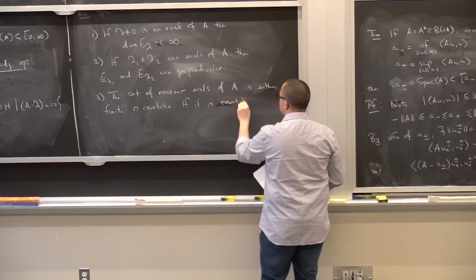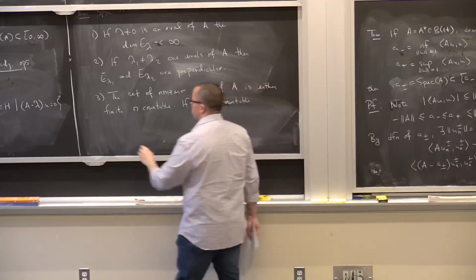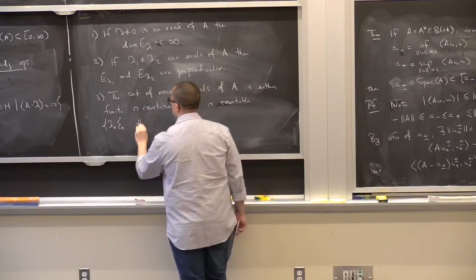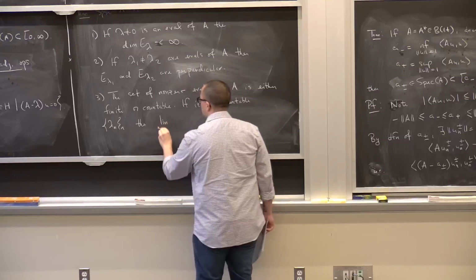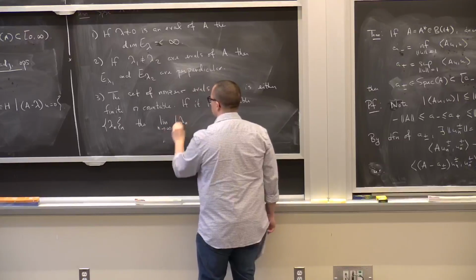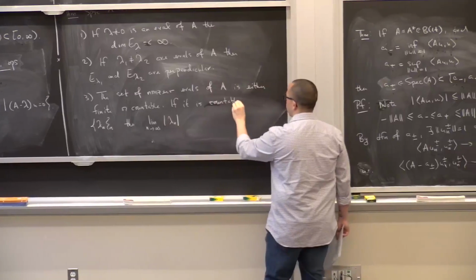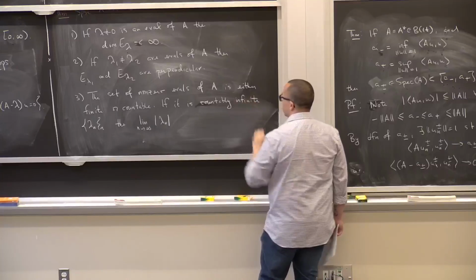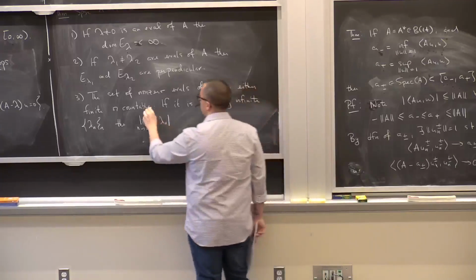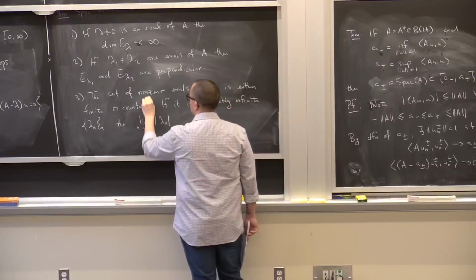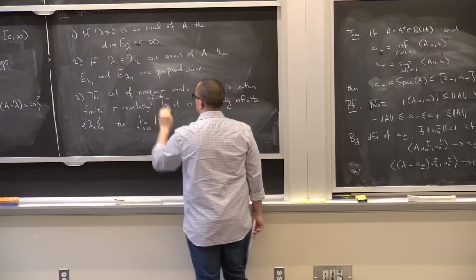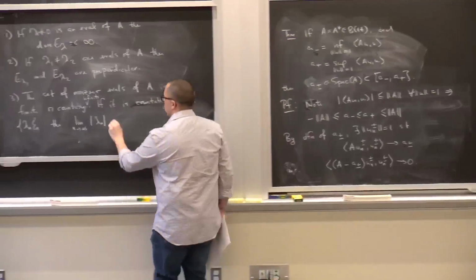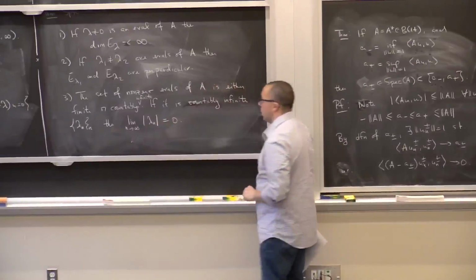If it is countable, i.e. it's given by a sequence lambda n, or rather, if it is countably infinite, I should say, and I should have said countably infinite here. If it's countably infinite, then the eigenvalues converge to 0.